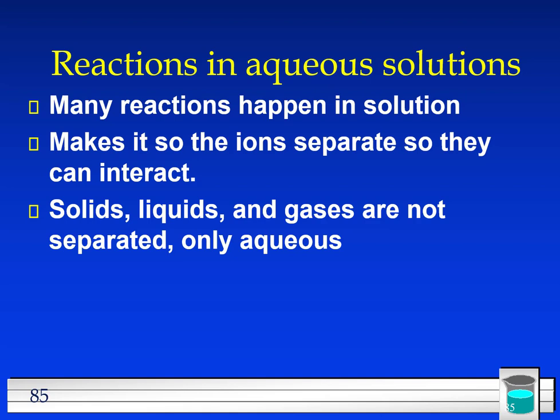I have ions all through the solution, and if they change, if you're making solid or gas, you're taking those ions out of the solution. The ions are disappearing. So you're using up some of those ions to make the solid. So you got fewer and fewer ions in solution. That's what's going on. It's actually the ions that interact, not the whole chemical.